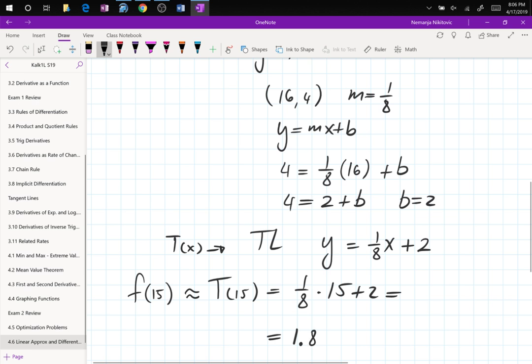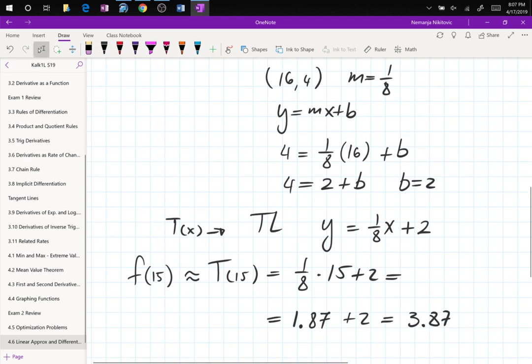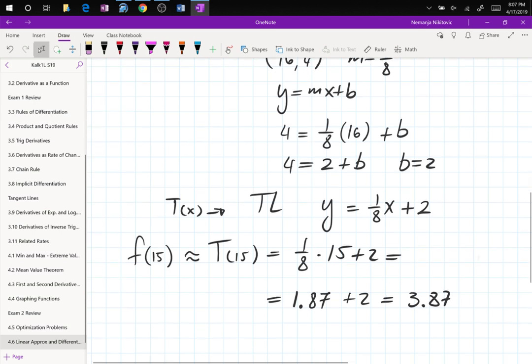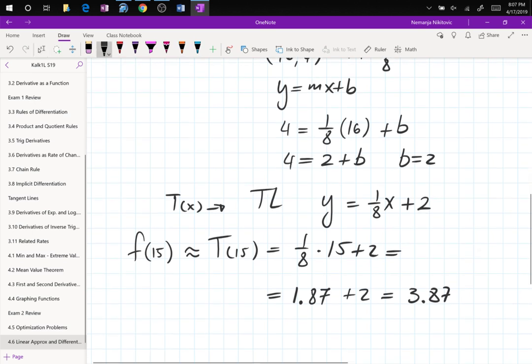That's 64, and then 6 is the remainder. 8 into 60 goes 7 times, for 56, and so on, plus 2 is 3.87. So without any calculator, we were able to come up with the square root of 15 being about 3.87.